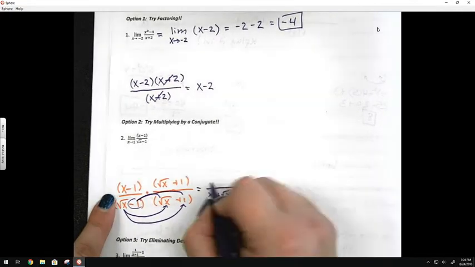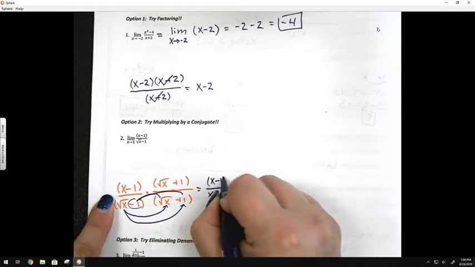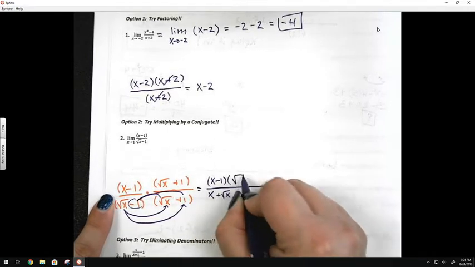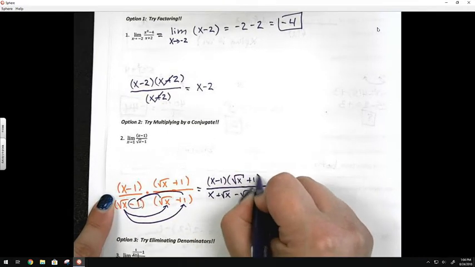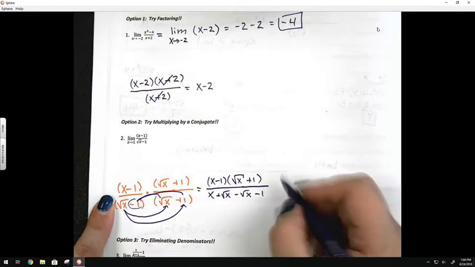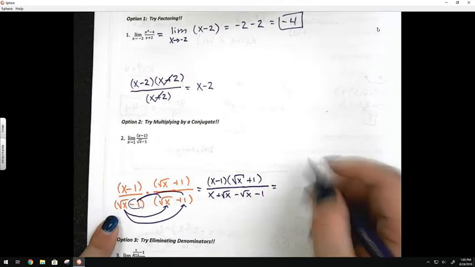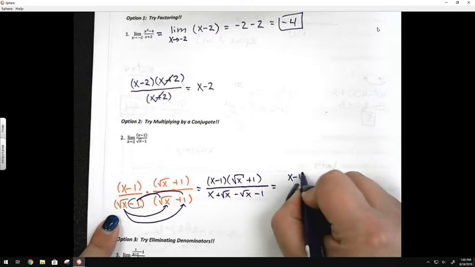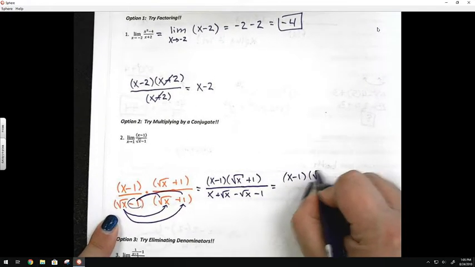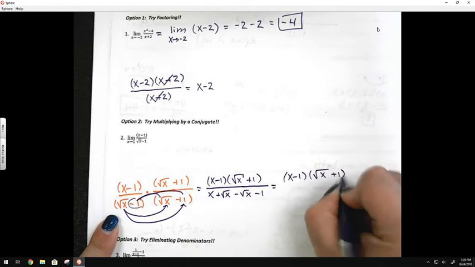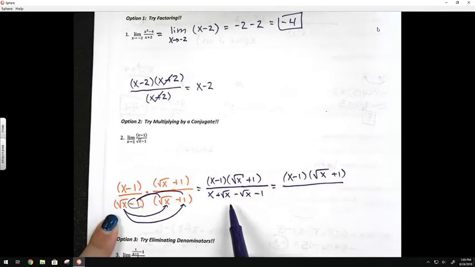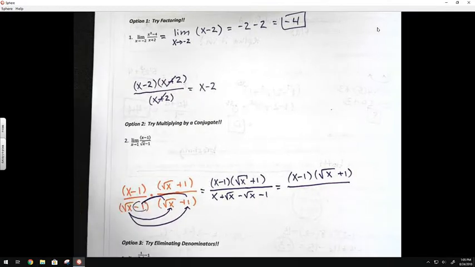Now, on the top, I'm not going to actually multiply those out. I'm going to leave them separate. So I'm going to leave it as x minus 1 times the square root of x plus 1. All right, so we only multiply where the actual conjugates are. Okay, so now on the top, I have x minus 1, the square root of x plus 1, and hopefully you guys can see on the bottom that those square roots cancel each other.